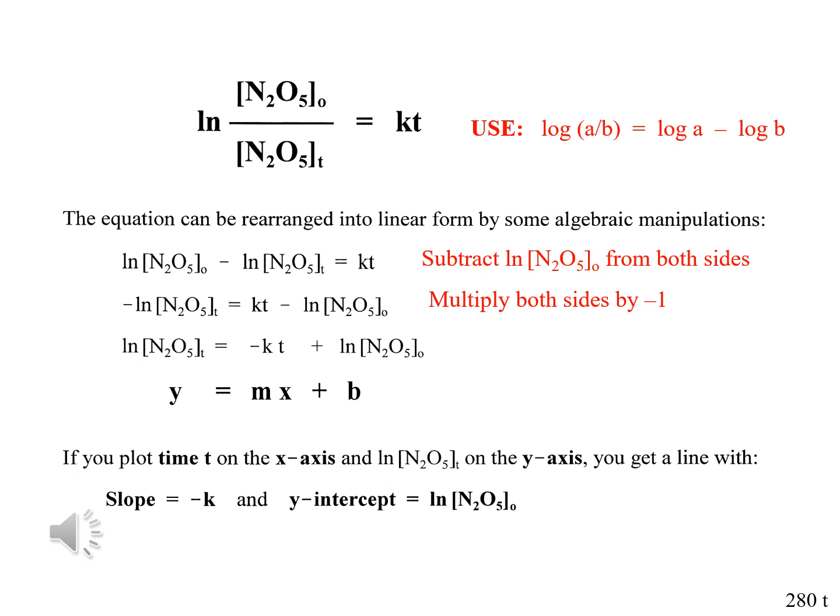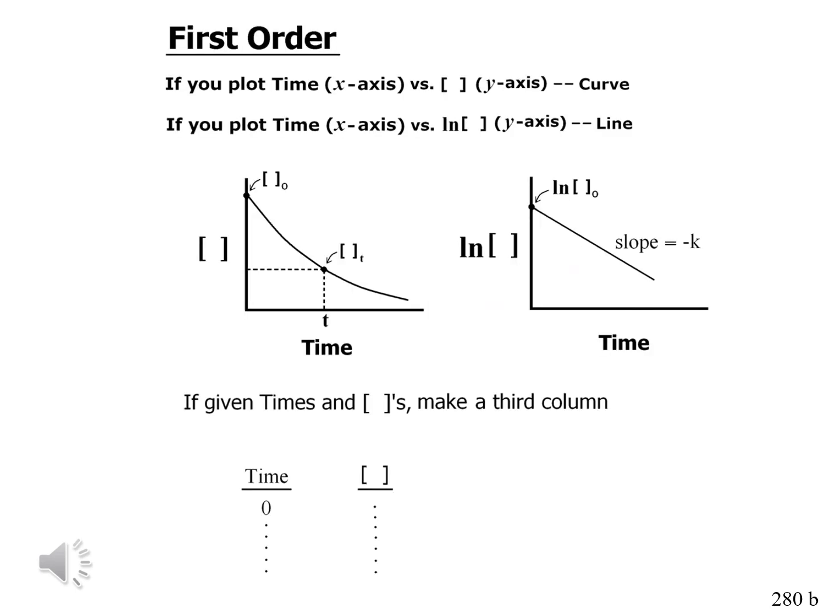So if you plot the time on the x-axis and the ln on the y-axis, you will get a line with a slope of -k and a y-intercept of the ln of A0. And if you can calculate that slope, you can get the value of k. If not all that was so clear, this slide shows the real take-home message of what I'm trying to show.